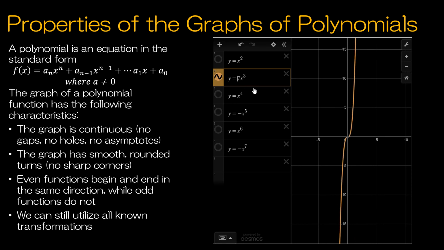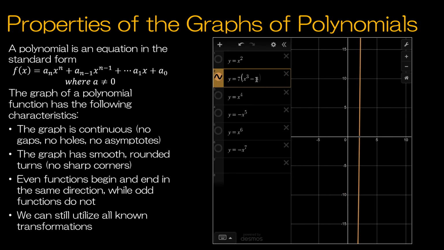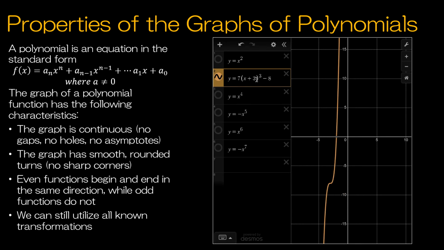And all of those transformations we did before. Minus 8, we can see that brought it down 8. If on the inside I put x plus 3, that's going to take it to the left 3, and so forth. So all of those same things that we've been learning should all come together here in the graphs of polynomials.